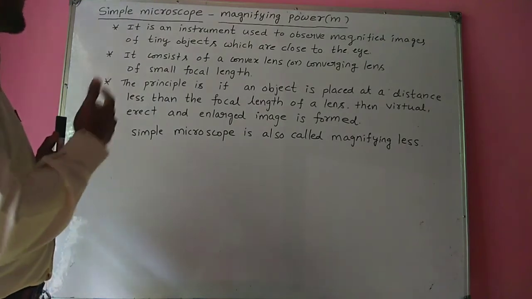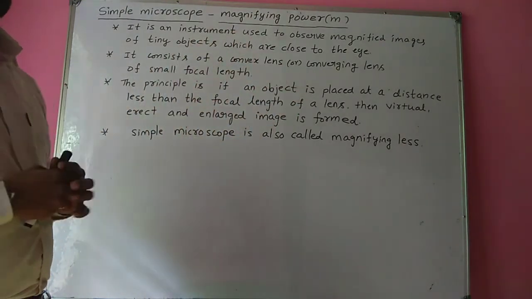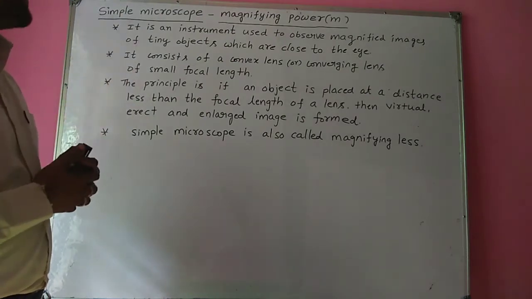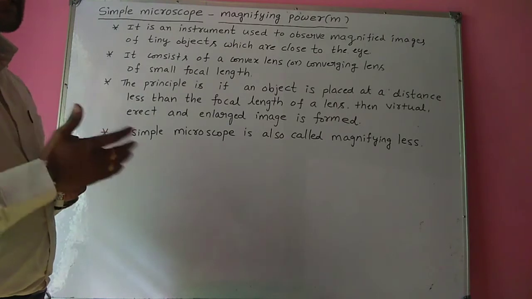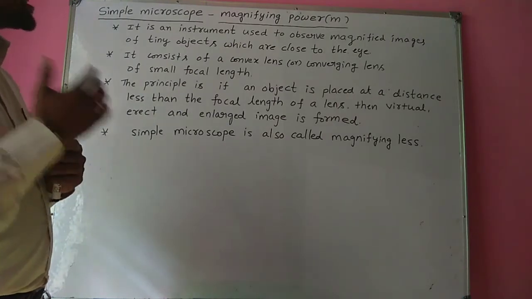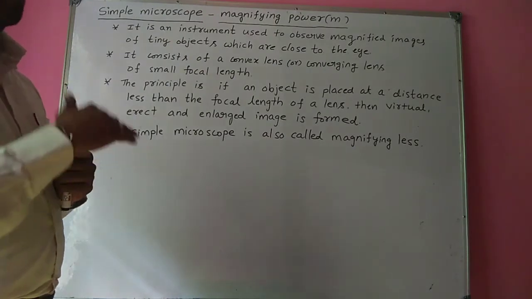So that's why the simple microscope is also called a magnifying lens, because the image is magnified. Now let us determine the expression for the magnifying power of a simple microscope in both the cases.